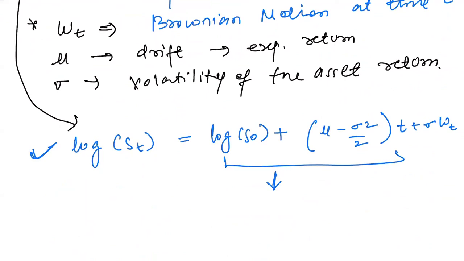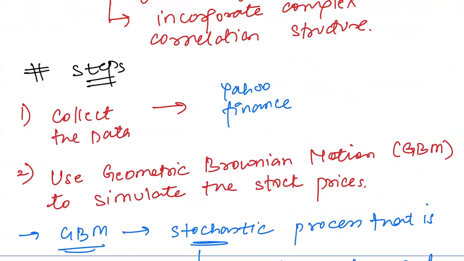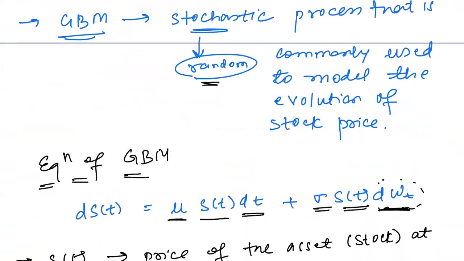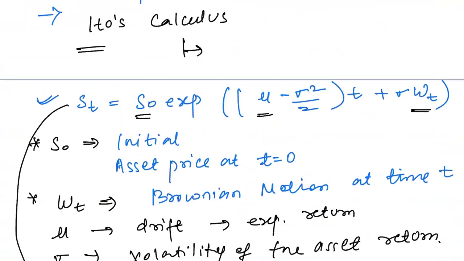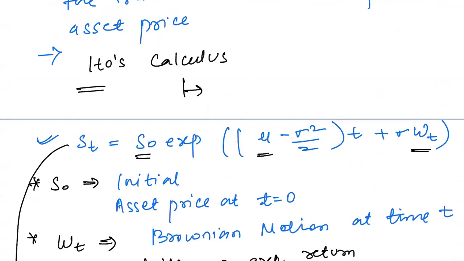Okay. So let me summarize again. The first step was to collect the data. Using this geometric Brownian motion equation, we had to simulate the stock prices. Once we simulate the stock prices, what's next? The third part is, if you see this specific equation, we can calculate from the returns the standard deviation.